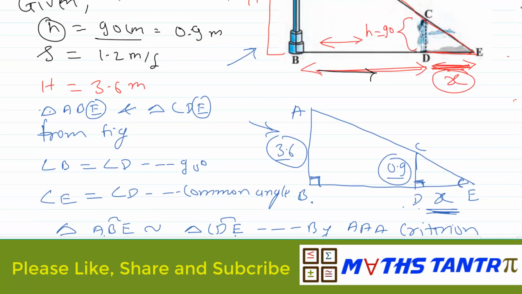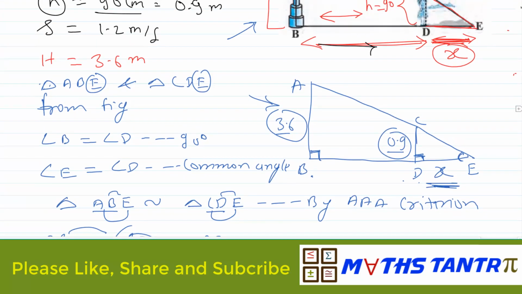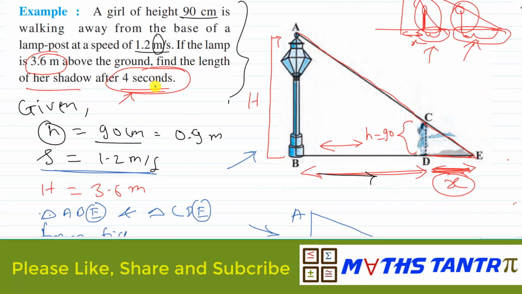Now, can I find BD? If I find the BD, I'll directly get the value of X, that is the length of the shadow. How to find BD? As we know that the girl is moving at the speed of 1.2 meter per second away from the base of that lamppost. If we know the speed, time is also given as 4 seconds.